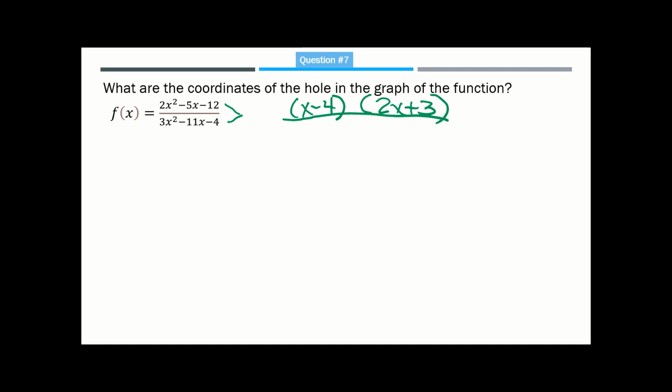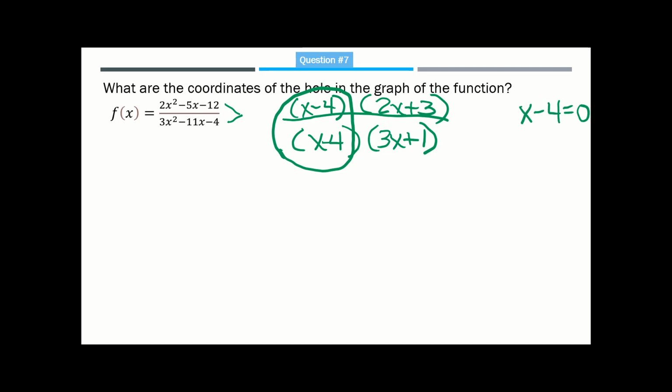The denominator is x minus 4 times 3x plus 1. Okay, right here, if x minus 4 is equal to 0, we'd have a hole in the function at x equals 4.